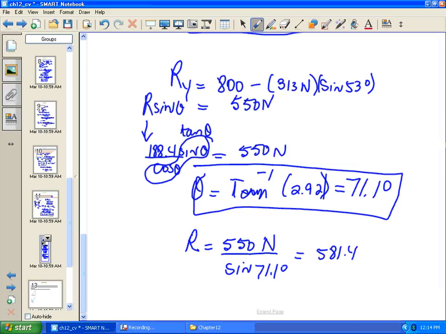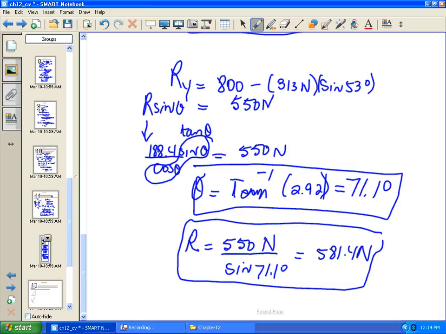So notice what we did here. We set up the three equations that contain the three unknowns, and we systematically solved for each of the quantities and used substitution to get the remaining unknown quantities.